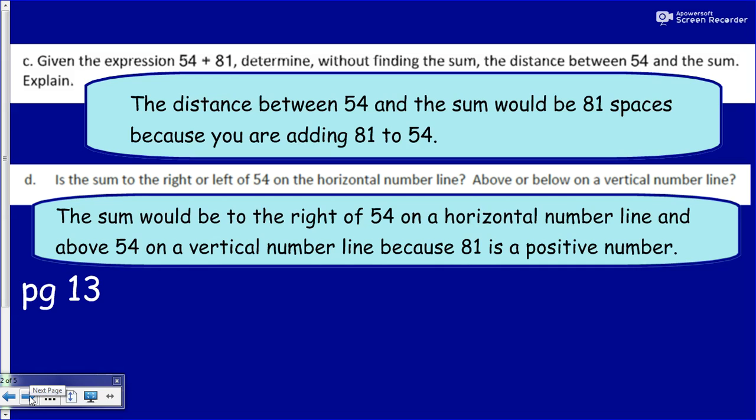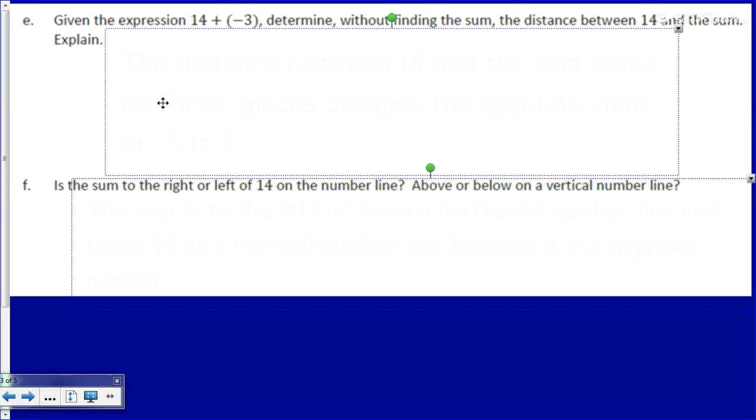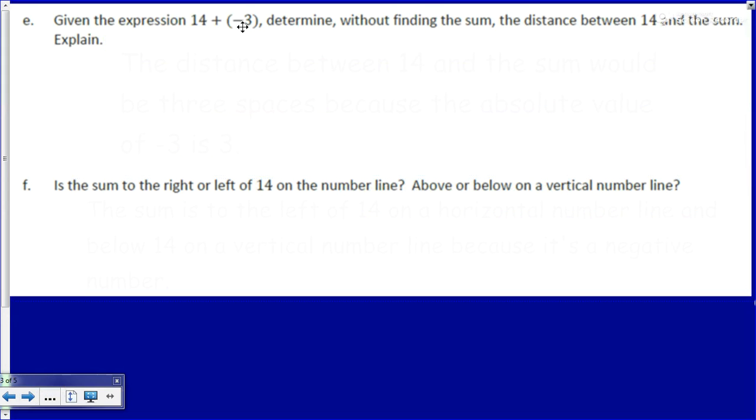Okay, we're going to look at one more set of numbers here, this time with a negative number. So this time if we had 14 plus a negative 3, again, we don't want to add those together. We just want to know how far away, or that distance, between 14 and the sum. So how far would our vector be?